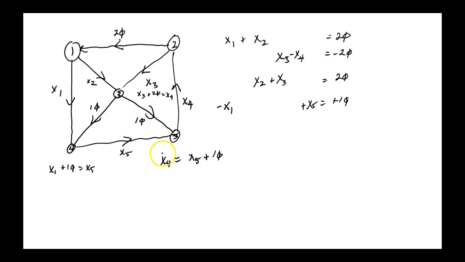So that's what we want to be true. So what I'm going to do is subtract x5 from both sides, and my last equation will be x4 - x5 = 10. Okay, there's my system of equations.